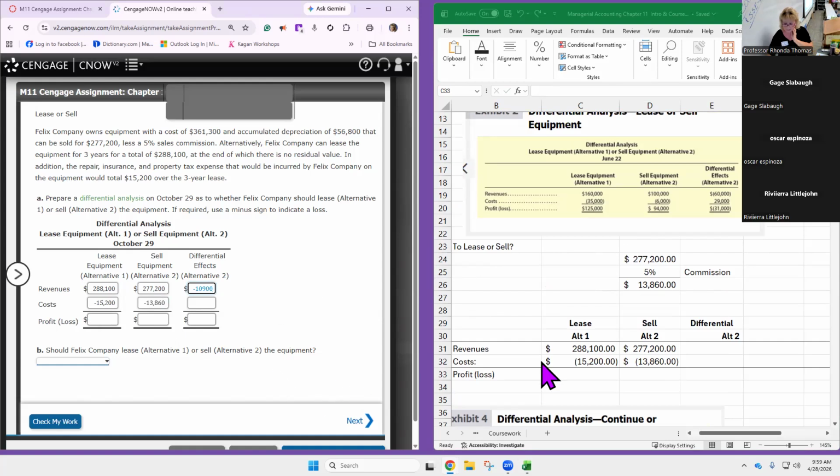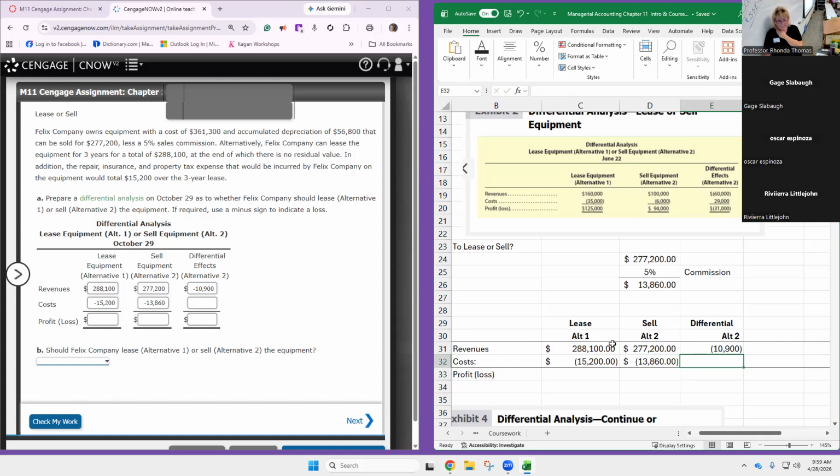Okay, so let me just double check my math here. I'm gonna start with the sale and subtract the lease. So that's 10,900 as a negative number. You say, why is that negative?